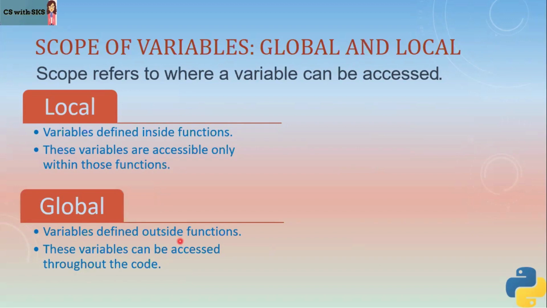Global variables are defined outside functions and can be accessed throughout the code. Any function which is defined can use them. They can be accessed anywhere in the program code. However, local variables can only be used within the functions where they are defined.